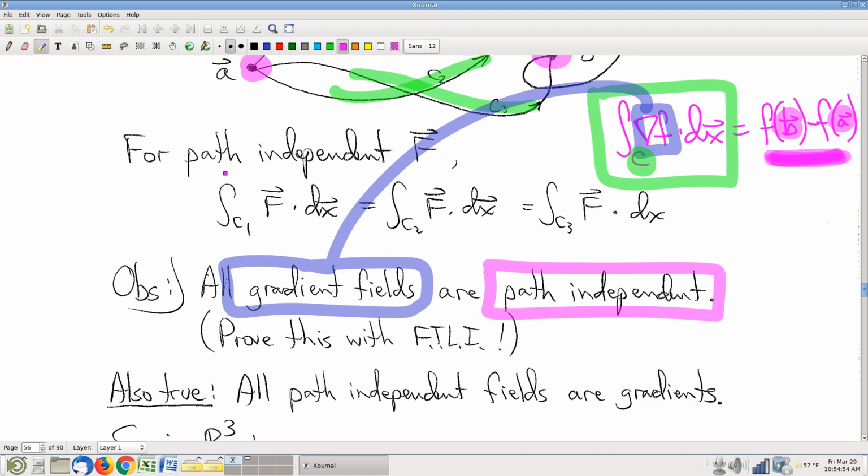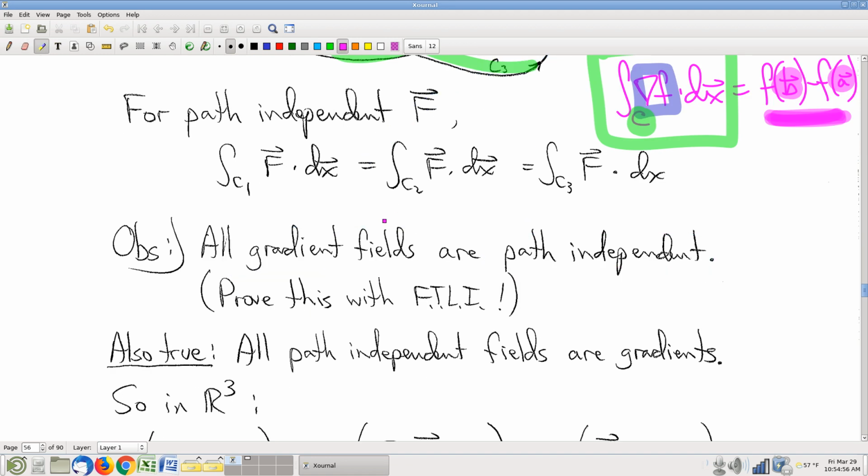All right, now some harder things to show. Not only is every gradient field path independent, it's also true that every path independent field is a gradient. Now, again, let me just remind you, we're ignoring issues about irregularity. So we're assuming that all the functions, all the fields, everything in sight is continuously differentiable, infinitely differentiable, well-defined everywhere.